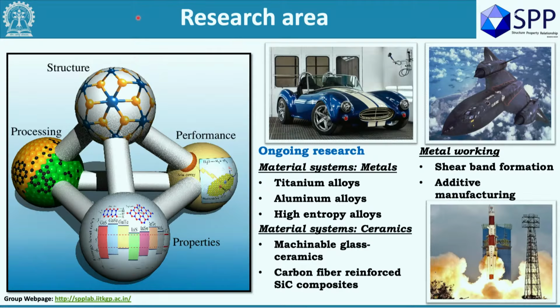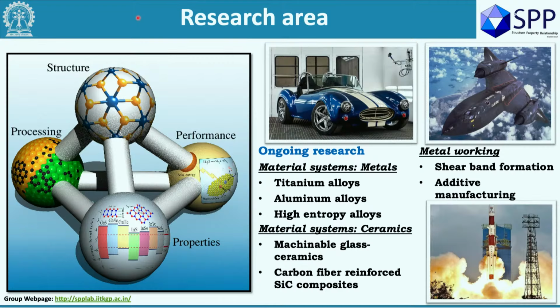Very recently a postdoc, Pankaj, who is here, has joined us, so through him some high entropy alloys. Another facet of our group's research is ceramics, and there we have some very special ceramics: machinable glass ceramics and carbon fiber reinforced silicon carbide composites, and some work is completely out of any material.